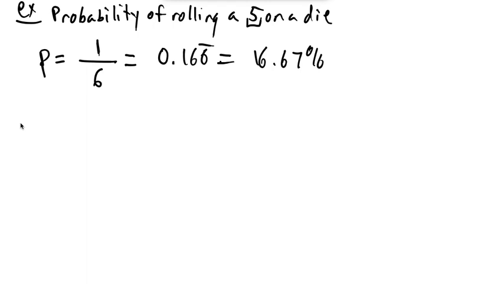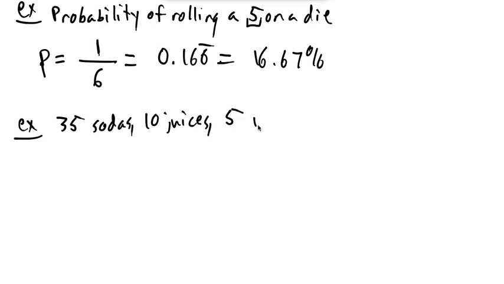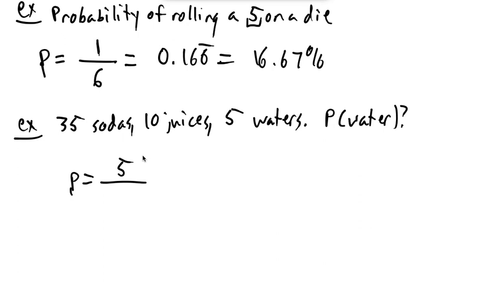Now let's look at another example. Let's say you're grabbing drinks from a cooler and there were 35 sodas, 10 juices, and 5 waters. What's the probability of grabbing a water? Well, there are 5 different options for us to grab waters, but how many different choices do we have to grab?